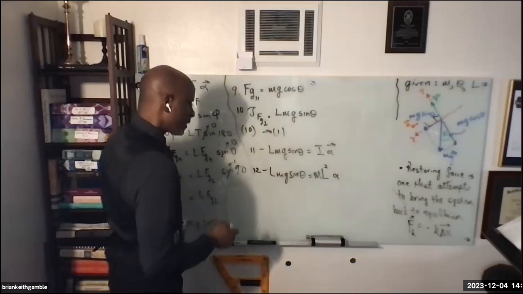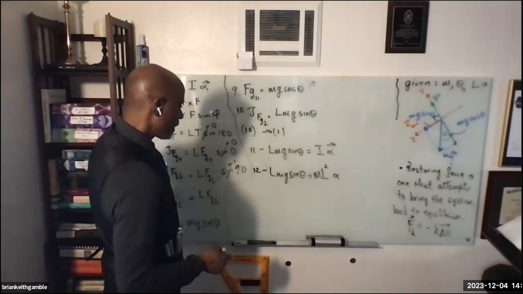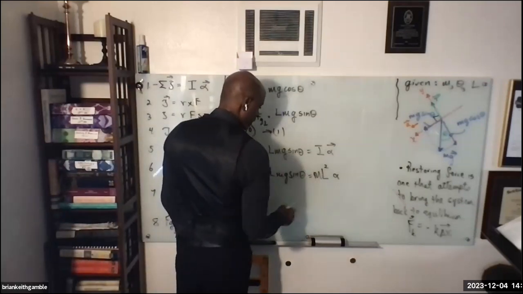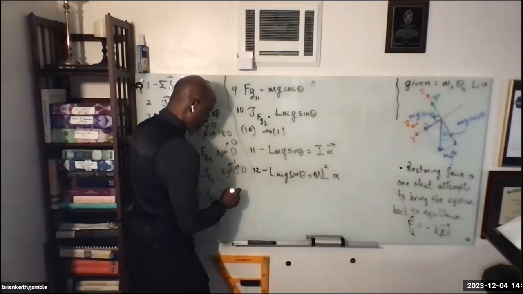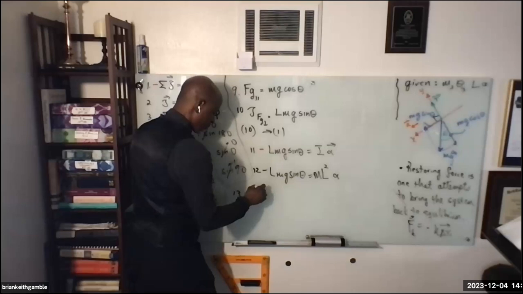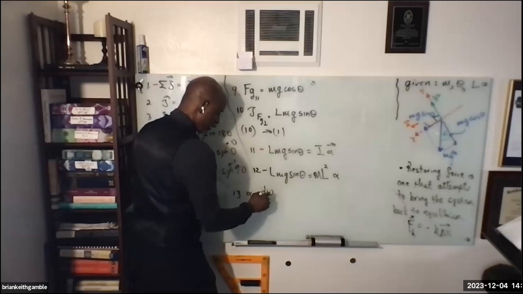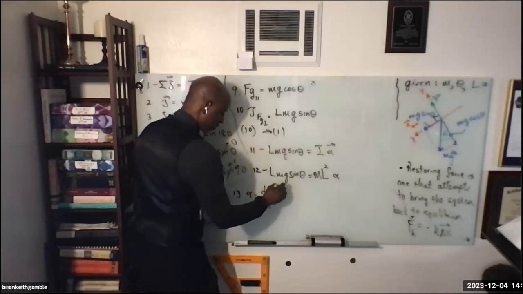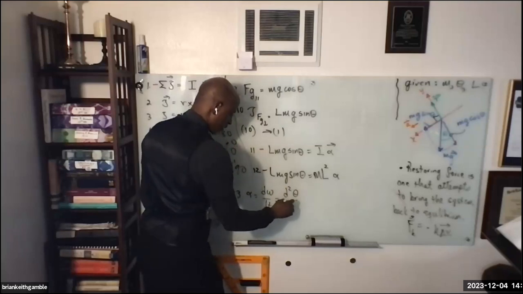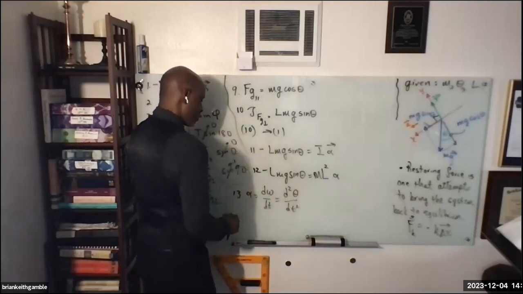But what is the definition of alpha in terms of position? It's the second derivative of theta. Remember that alpha is equal to the derivative of omega with respect to time, but that's also the second derivative of theta with respect to time squared.